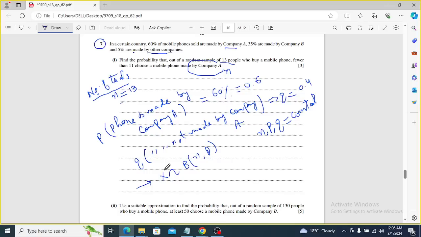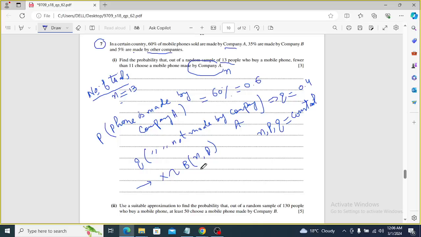In some other question, this x will be distributed geometrically, in a geometric distribution, and it can be a normal distribution as well. So when you have a connection of binomial with normal, you need to convert your binomial distribution with the normal distribution. That is the harder level to convert.